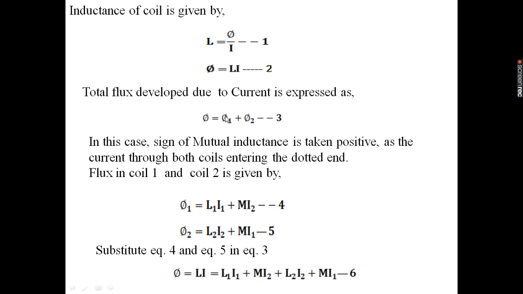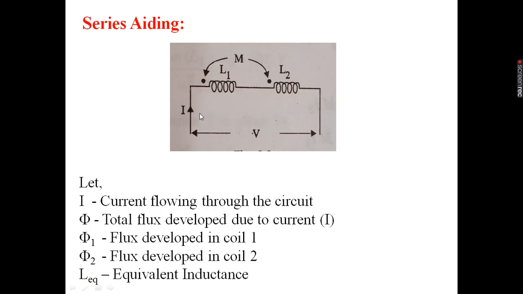The total flux phi is the sum of the flux developed in coil 1 and coil 2. So now we are going to find expressions for phi 1 and phi 2. In this case we are going to assume a positive sign for mutual inductance, as we know from the dot rule: if the current in one coil enters the dotted end, and in the second coil also the current enters the dotted end, then we say M is positive.